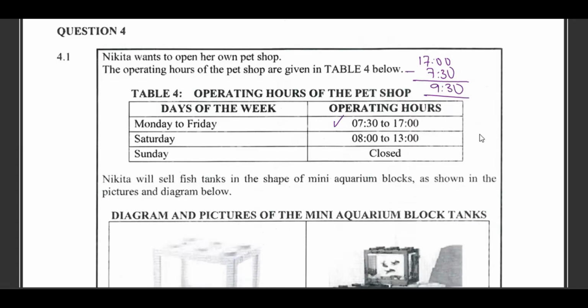Then, what about the Saturday? It's from 8 to 1. So how many hours are those? Also look for them. So it becomes 13 minus 8. So the time here is going to be 5 hours.